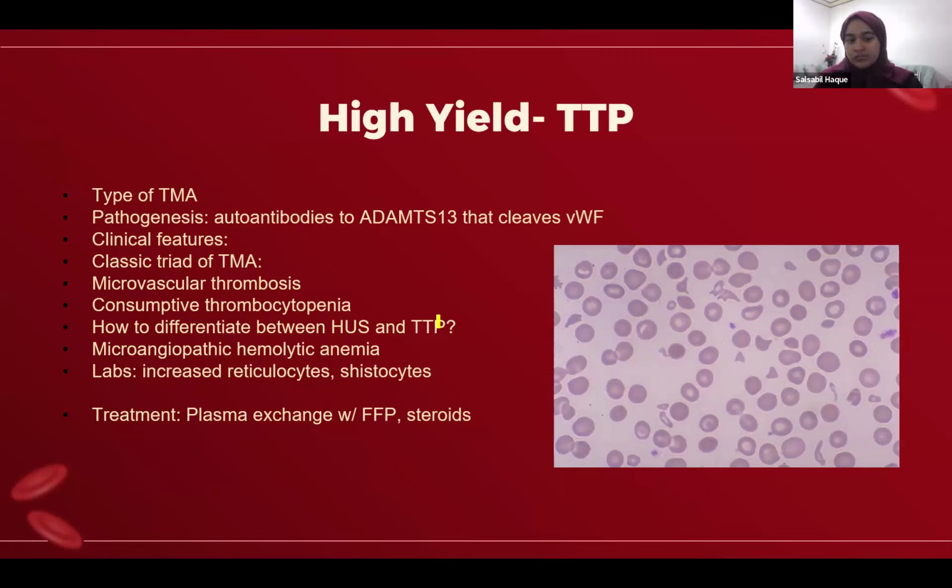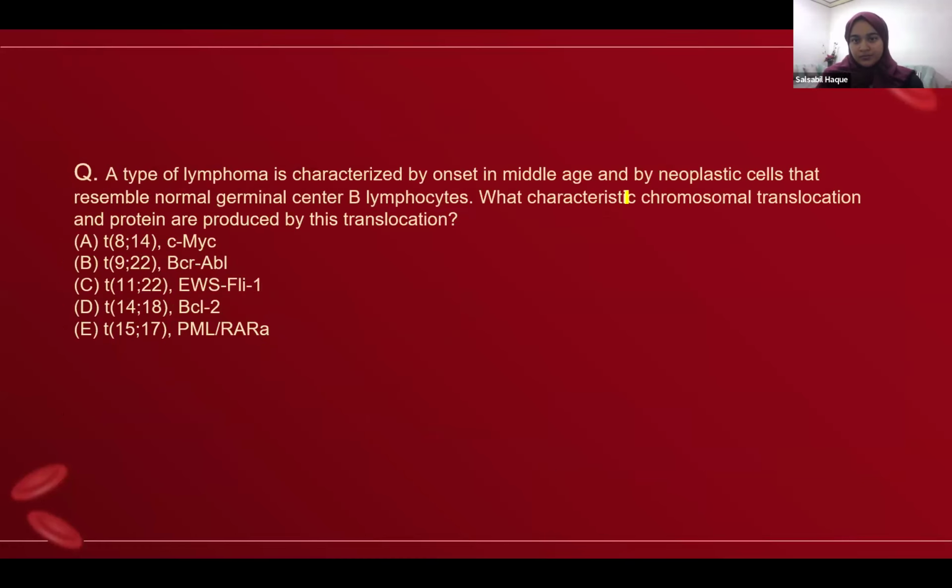TTP has neurological symptoms, whereas hemolytic uremic syndrome does not. In labs, you see increased reticulocytes and increased schistocytes, as you see in the PBS. Treatment is plasma exchange with fresh frozen plasma and steroids. Okay, moving on.